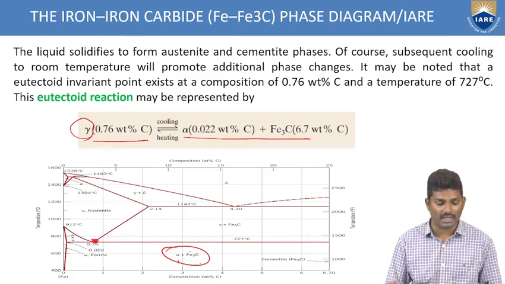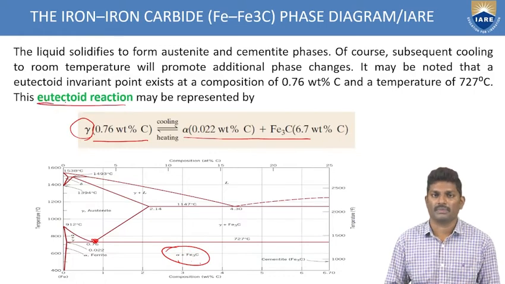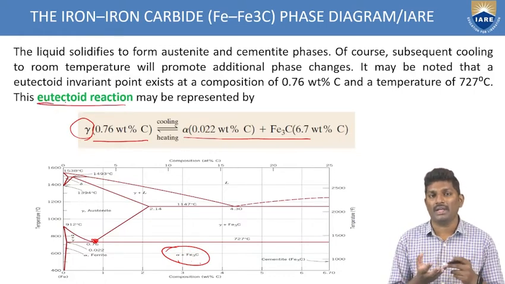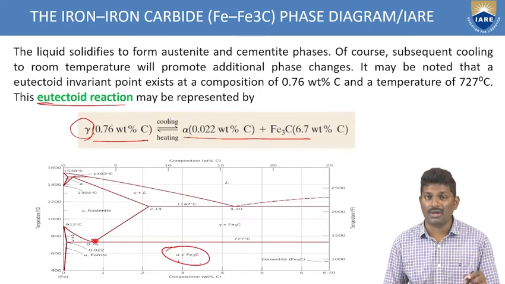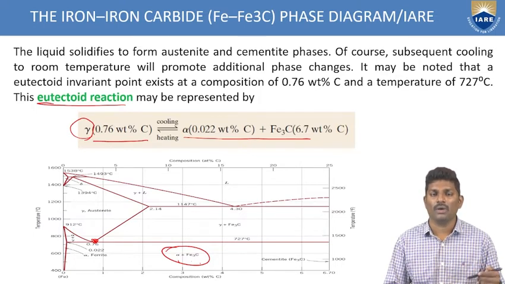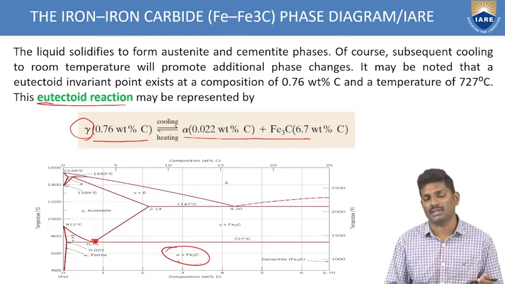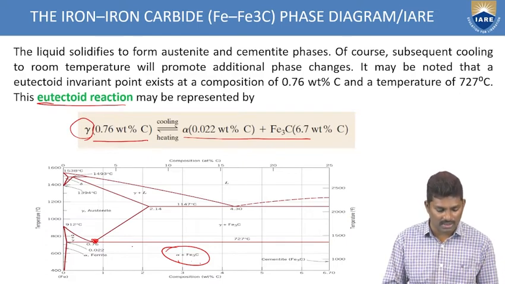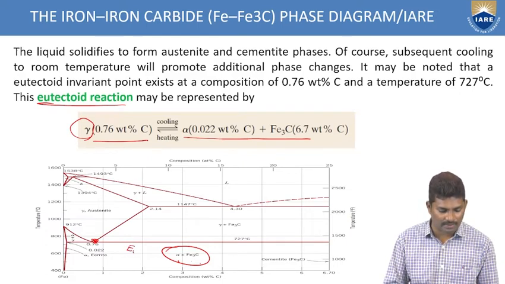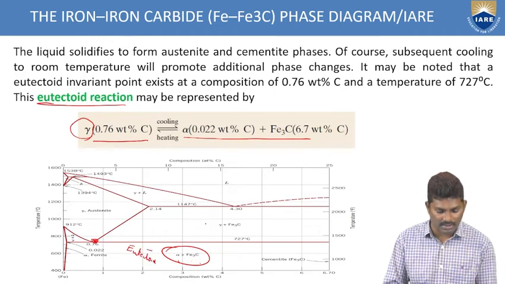That is called a eutectoid reaction. Eutectic means liquid is being formed into two solids. Eutectoid means one solid is transforming to two solids. So here you are getting eutectoid, and this is eutectic.